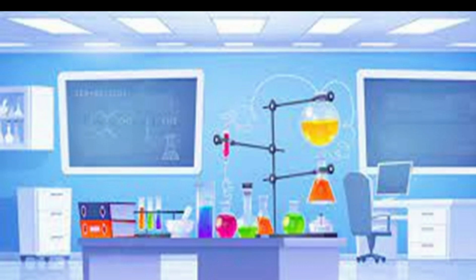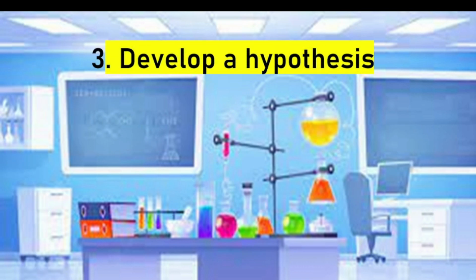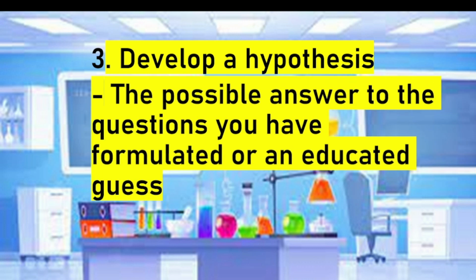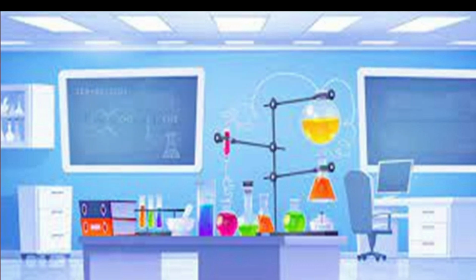The next step we need to do is to formulate a hypothesis from our question. It is a possible answer to the questions you have formulated. The hypothesis must be stated in such a way that it can be tested through an experiment and should contain variables, since the hypothesis is an educated guess.